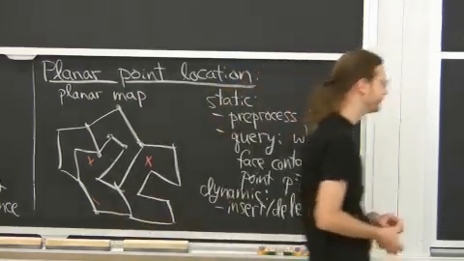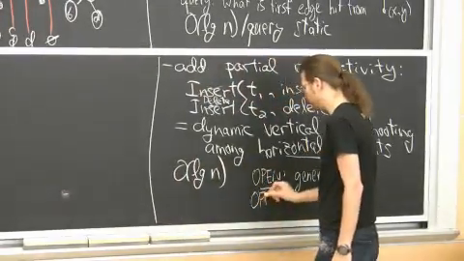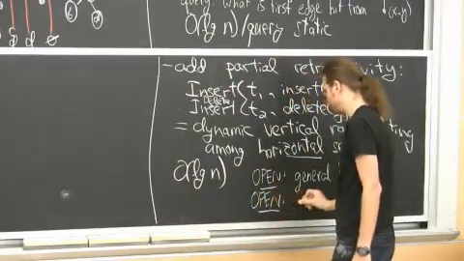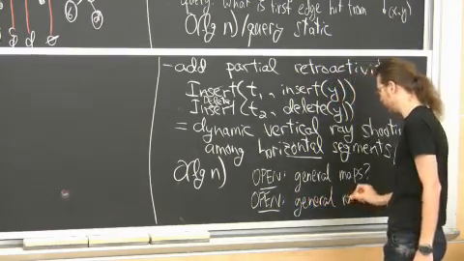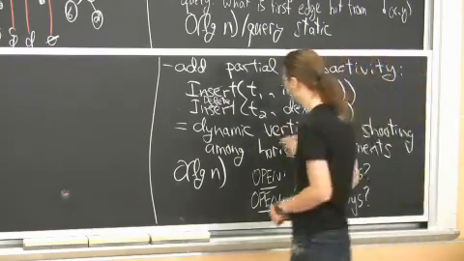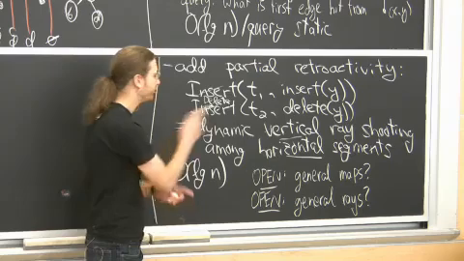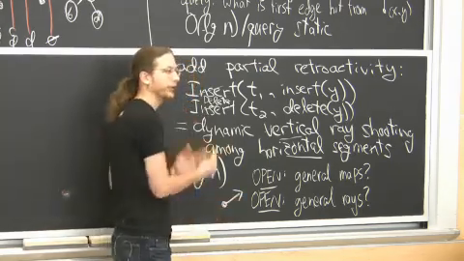Another fun open problem is, what about non-vertical rays? So what if I can now query, I give you a point and I give you a vector. I want to know what I hit in that direction.